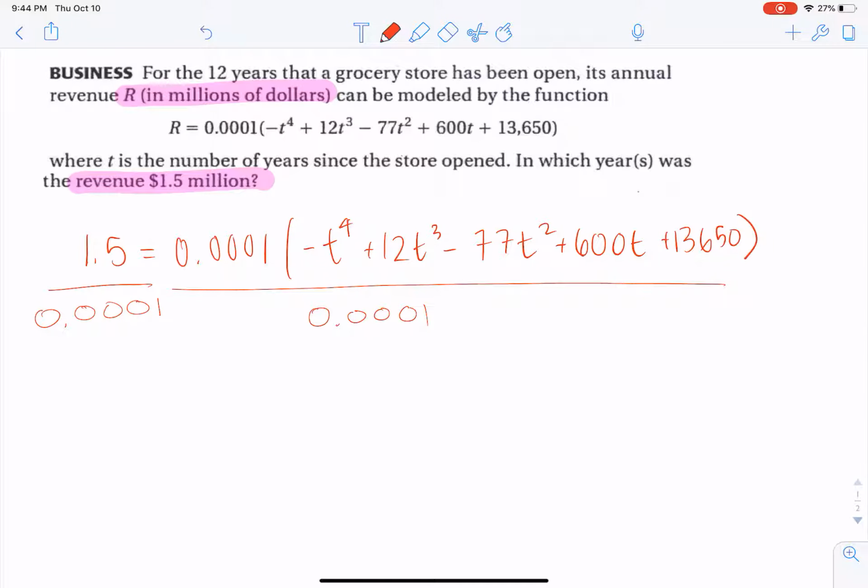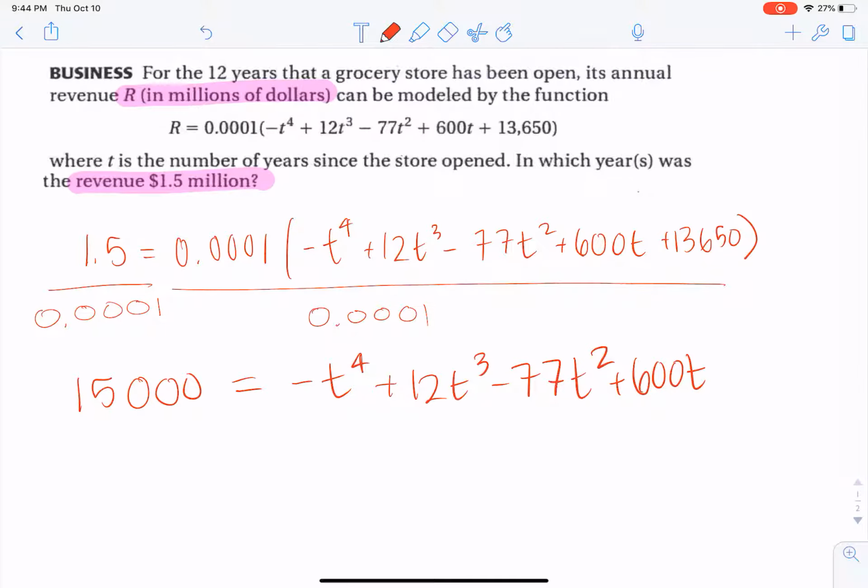So when I do that on my graphing calculator, I will get 1.5 divided by 0.0001, and I should get a value of 15,000 is equal to negative t to the fourth plus 12t cubed minus 77t squared plus 600t plus 13,650.